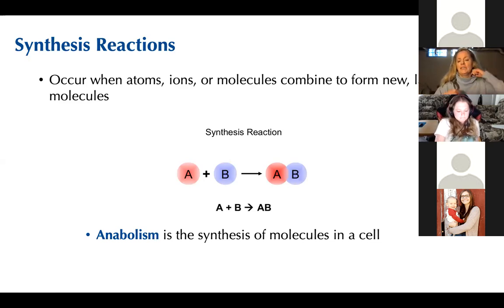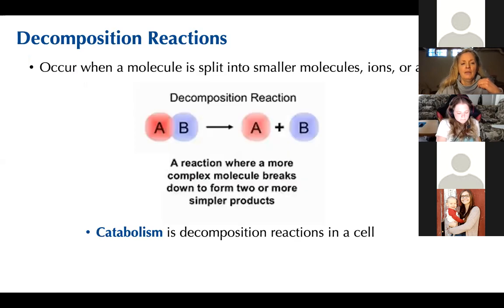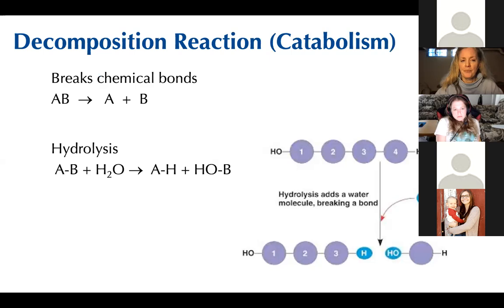Those guys build and buff themselves up, right? When we decompose a substance and we take AB and split it apart into its components, A and B, we broke a bond, we're releasing energy. That tends to be exergonic, and we call it catabolism. We're decomposing things, all right?